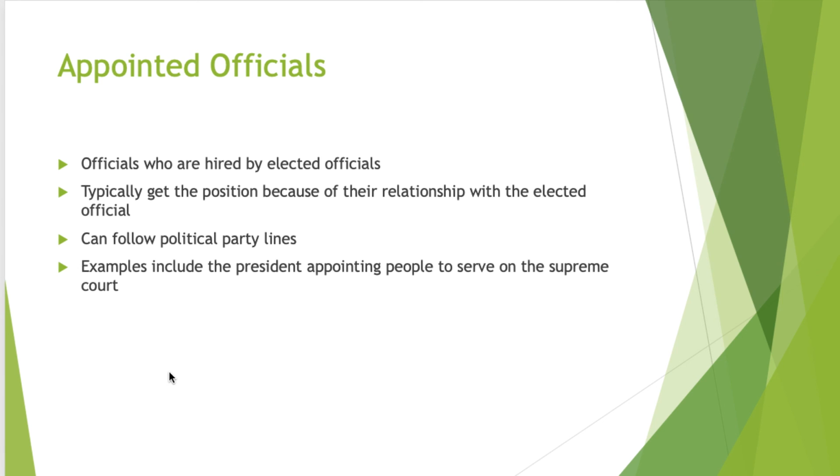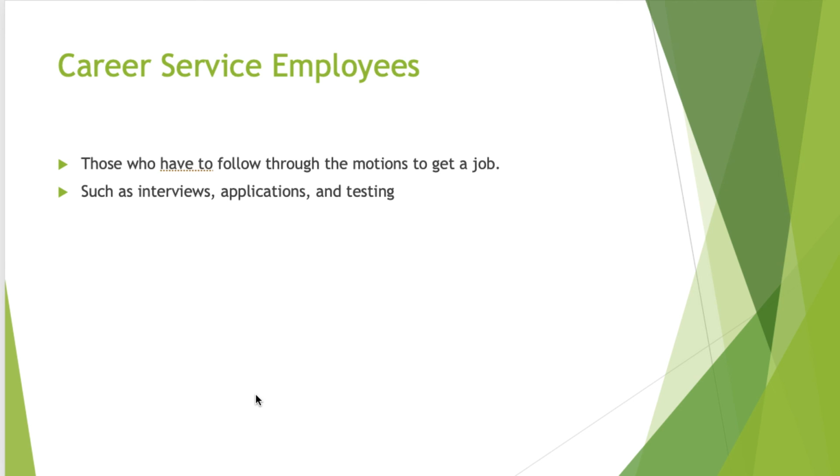Okay, so that would be your examples of the appointed officials and what appointed officials mean in the government agency. And the last of the three government positions is your career service employees. These are just the normal employees who serve within the government agency.